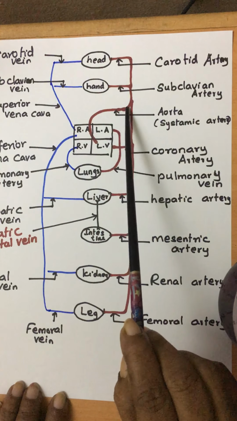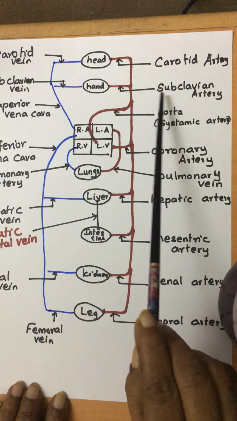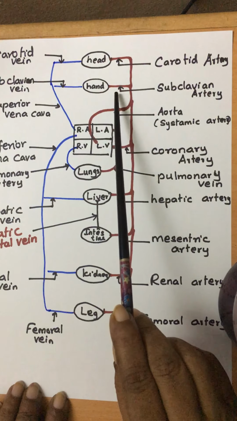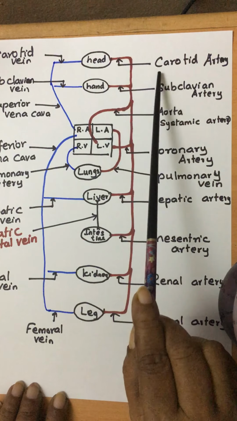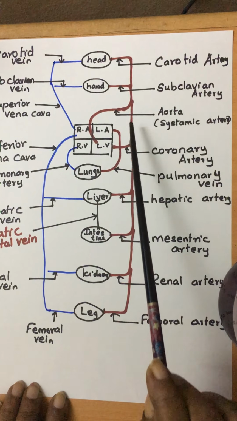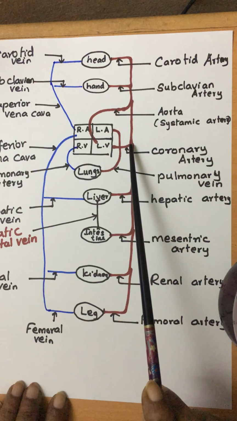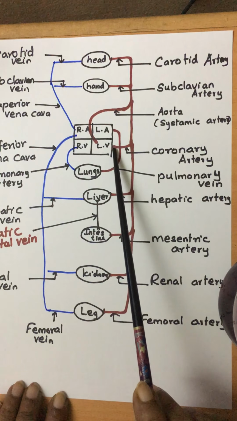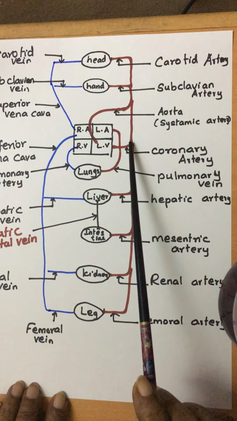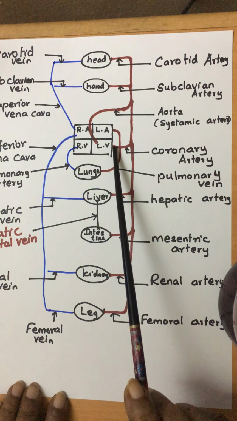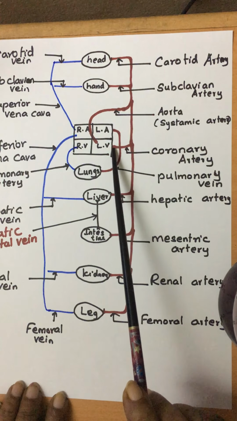When it supplies blood to the hands, it is the subclavian artery, and for the head, the carotid artery. The heart muscles get oxygenated blood from the coronary artery.